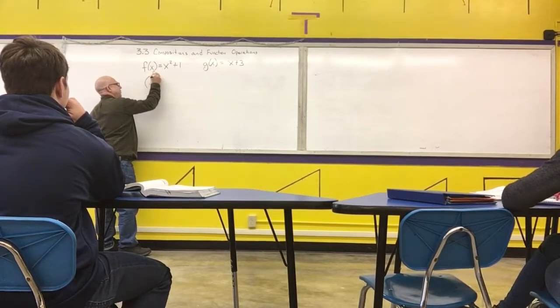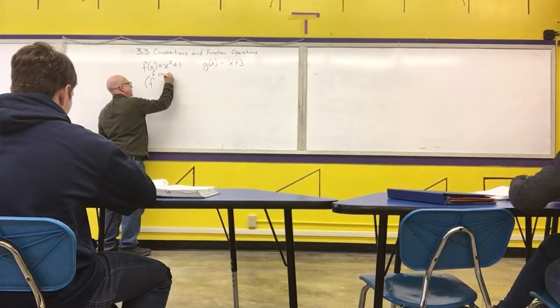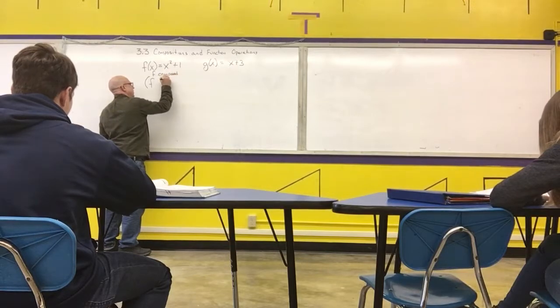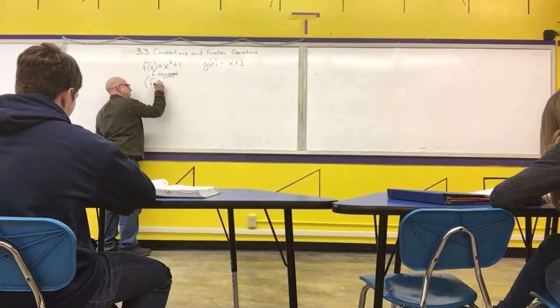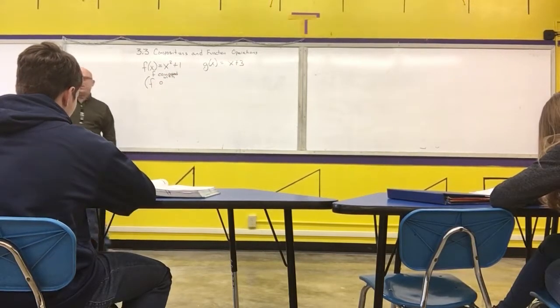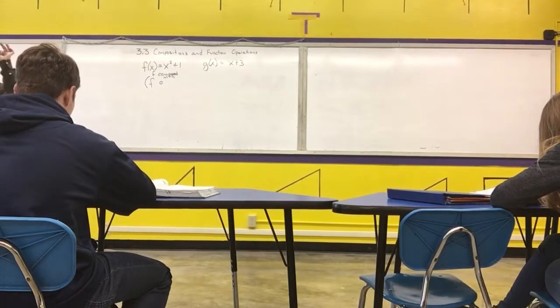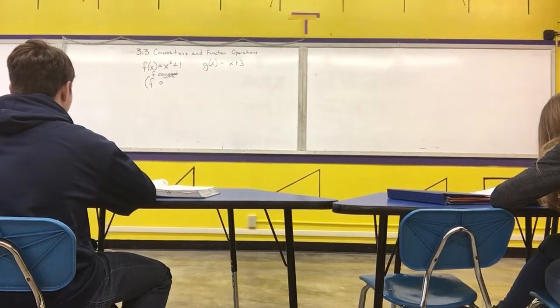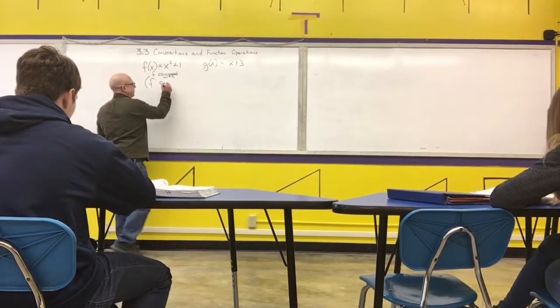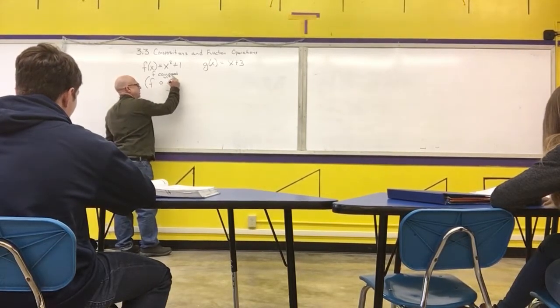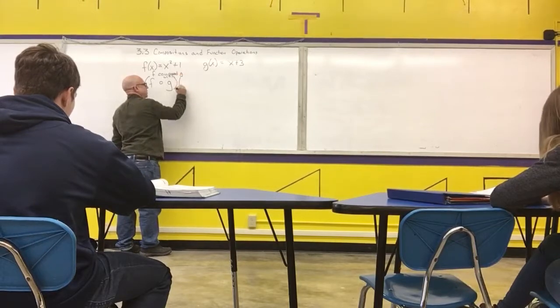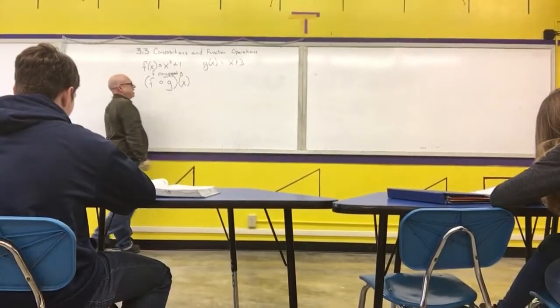This is f composed with, it's not the letter O, it's a little circle. It's not a solid dot like a multiplication symbol. That's read as composed with g. Okay?